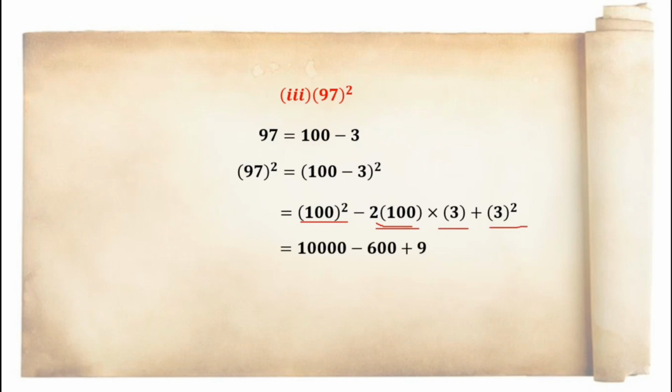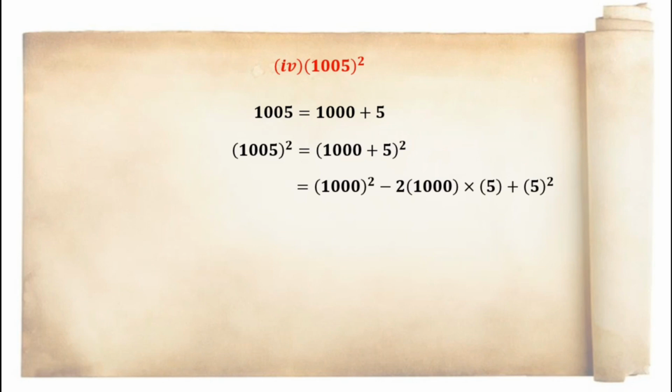So 10,000 minus 600 plus 9 will be 9,409. So 97 raised to 2 is equal to 9,409. Okay, like this.